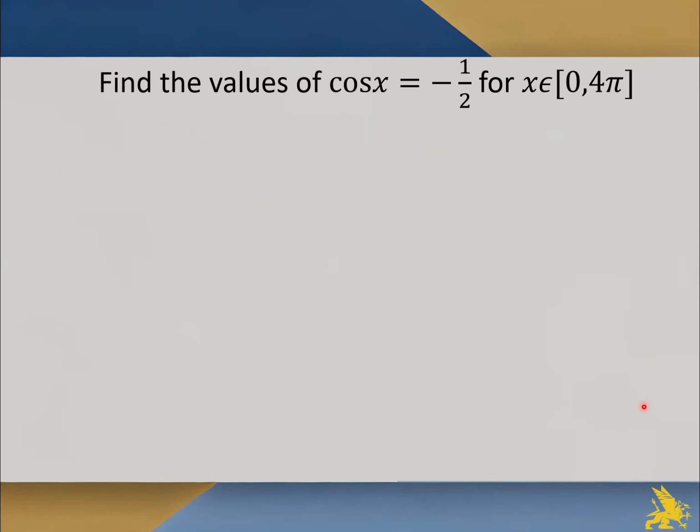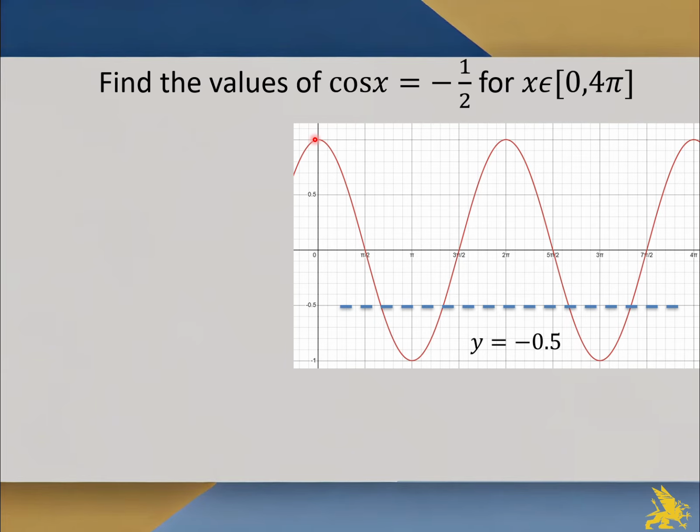Same thing with this question here. It says find the values of x where cosine x is equal to negative a half. So we need to think about the cosine graph, which starts at 1. We need to think about where negative a half is, which is over here.